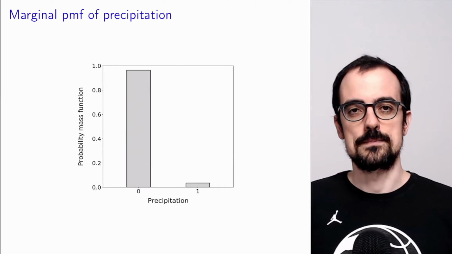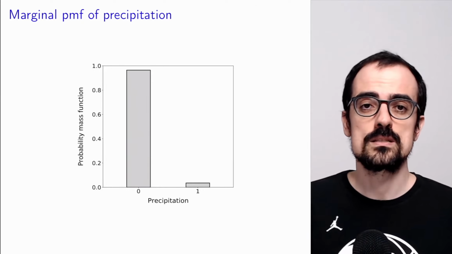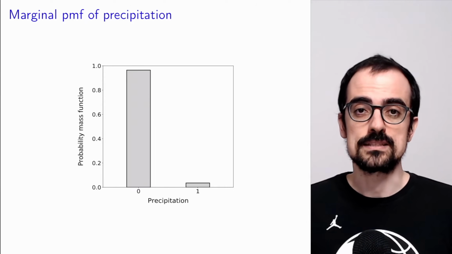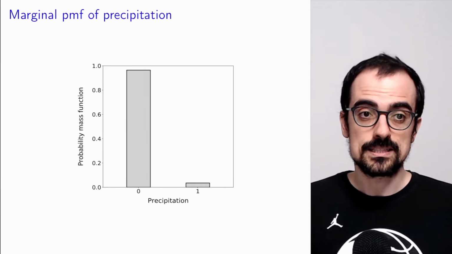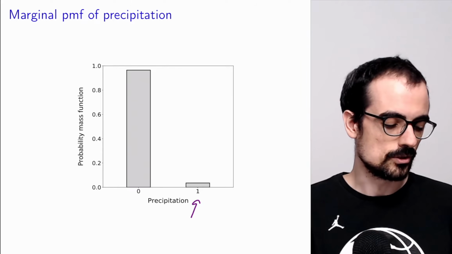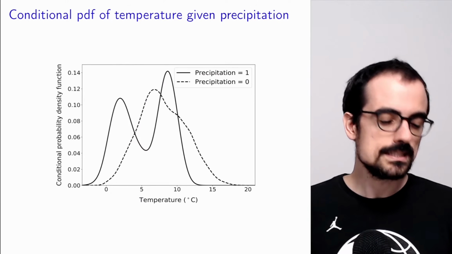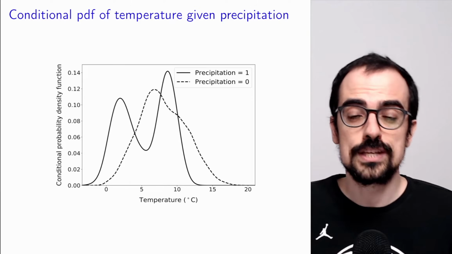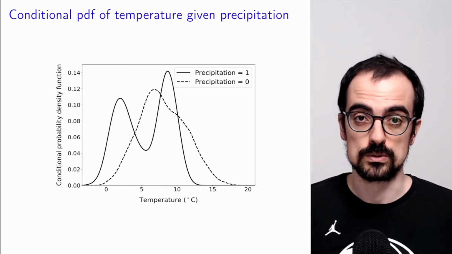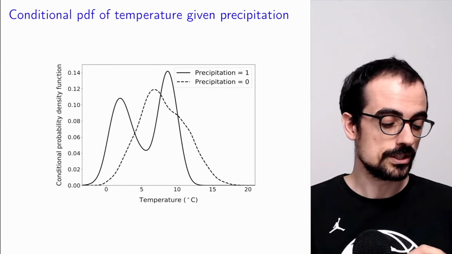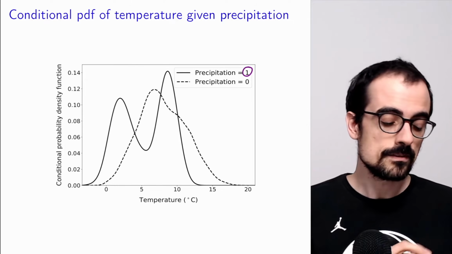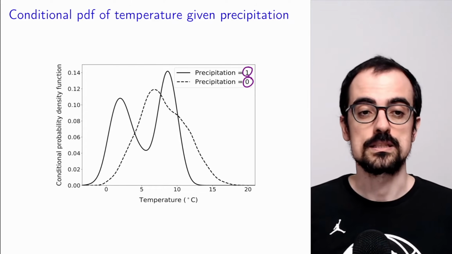So we saw in the previous video that a reasonable way to model the joint behavior of precipitation and temperature was to estimate the marginal PMF of precipitation, which tells us the probability that there is precipitation or there's no precipitation, and then also the conditional PDF of the continuous random variable, which is temperature, given the discrete random variable, which is precipitation. So here we have the conditional density of temperature if there's precipitation, that's the solid line, and if there's no precipitation, the dashed line.